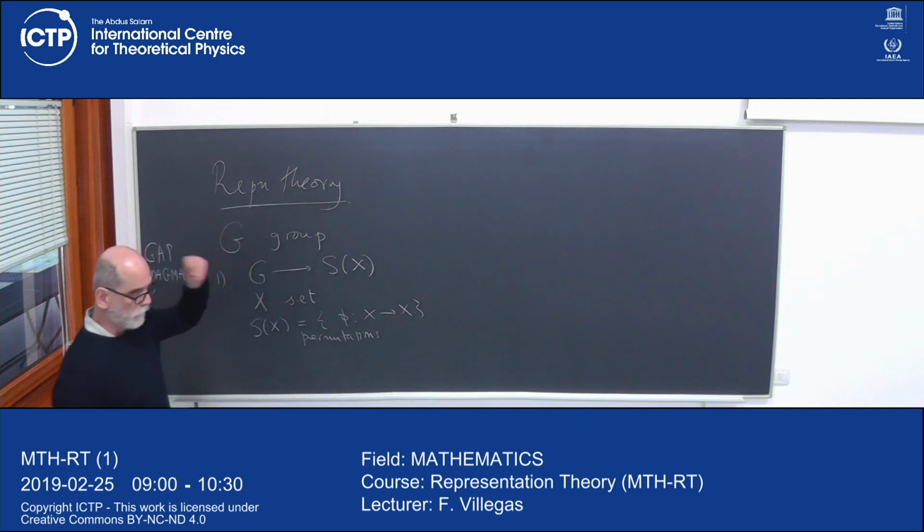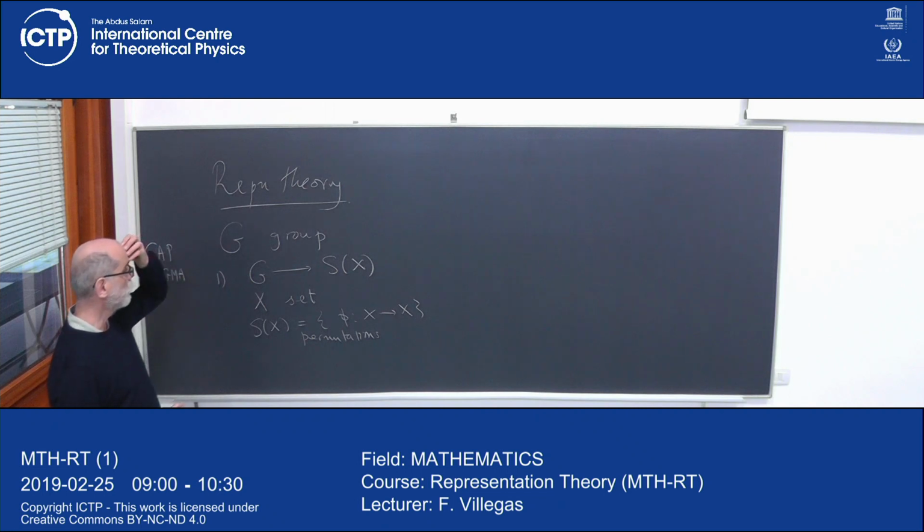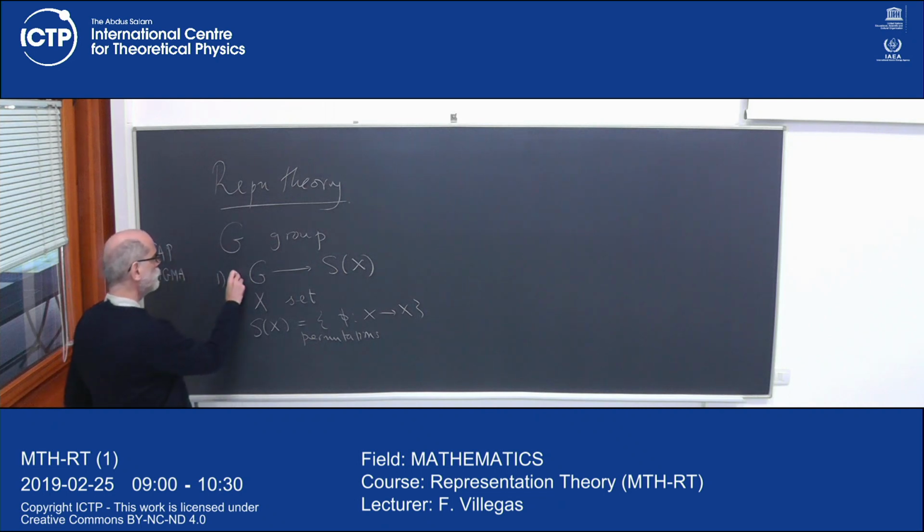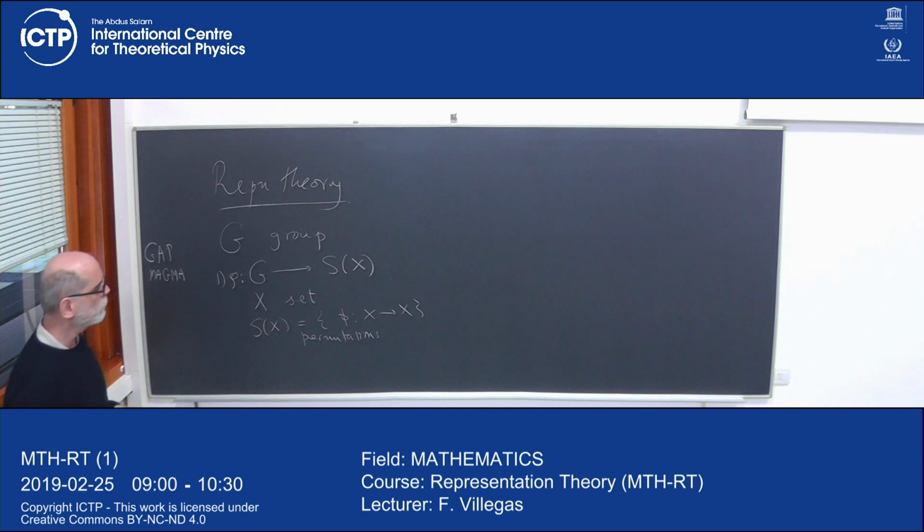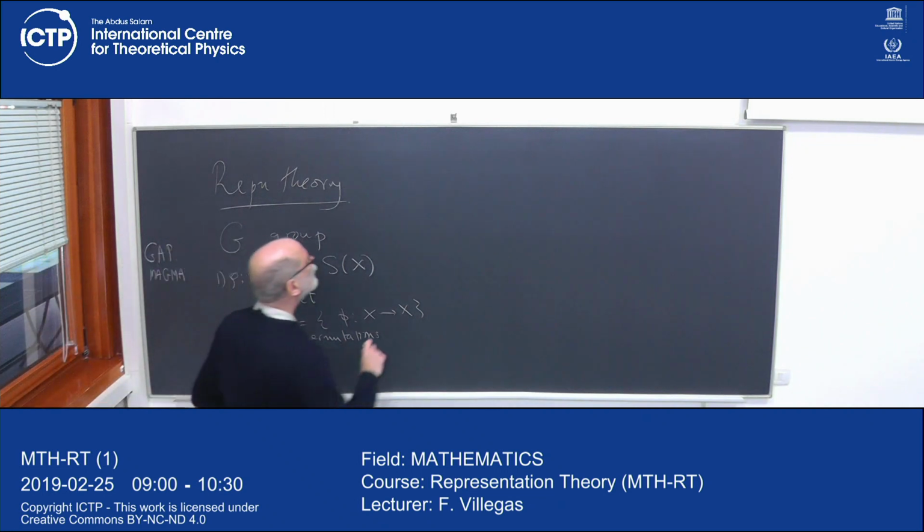So you can think of the group G, and its image by this homomorphism, as a group of permutations of a set.